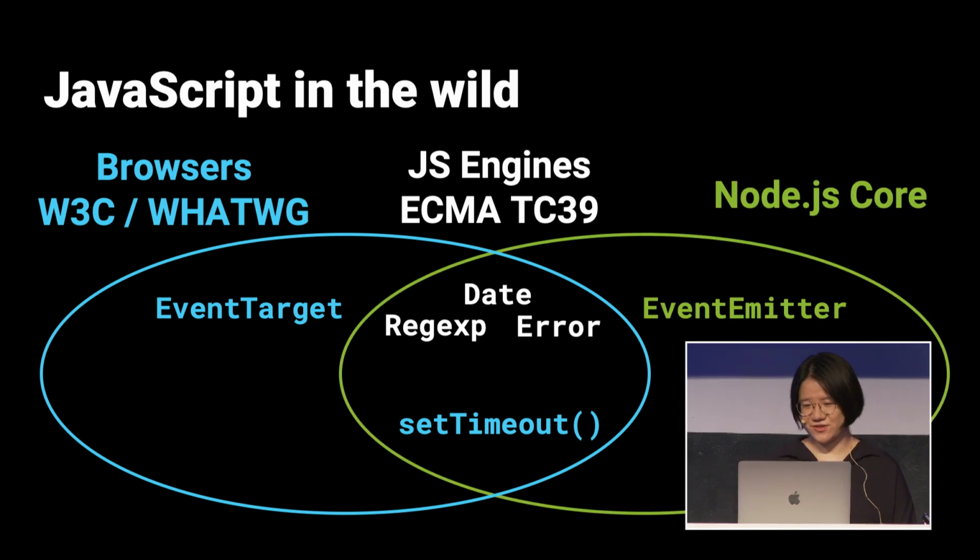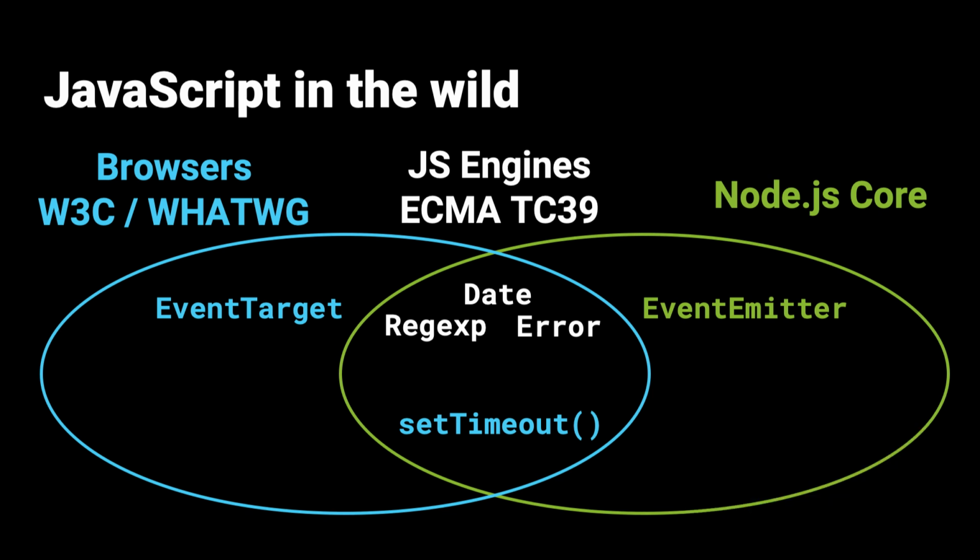And then Node was created and started to take off on the server side. It initially included some of the web APIs that were already present in the browsers, or at least some APIs that look like what you'll find in browsers.